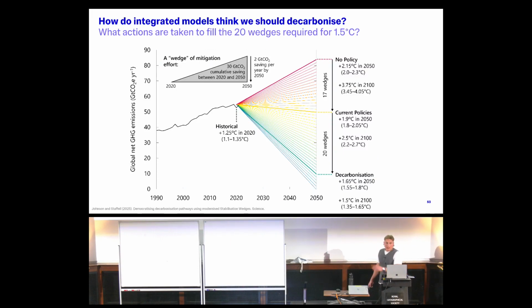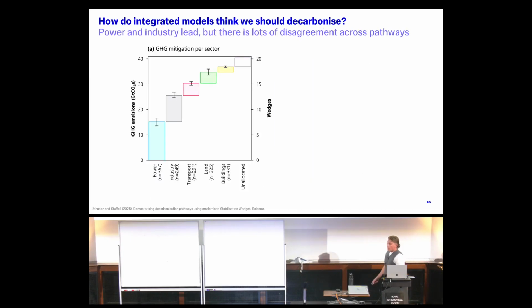So just to take it back to the Wedges diagram, how do these models think we should mitigate climate change, bearing in mind that they're trying to reduce costs? Well, if we take the 20 wedges between current policies and decarbonization, we can look across different modelled scenarios and see what they do. And this is what they do.